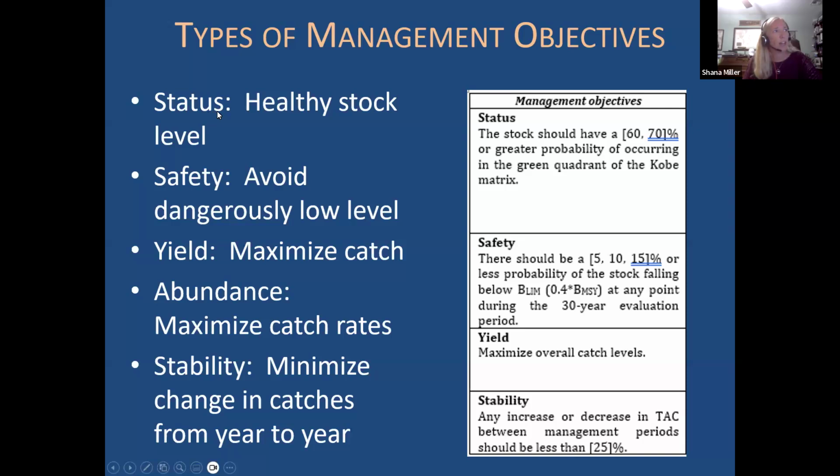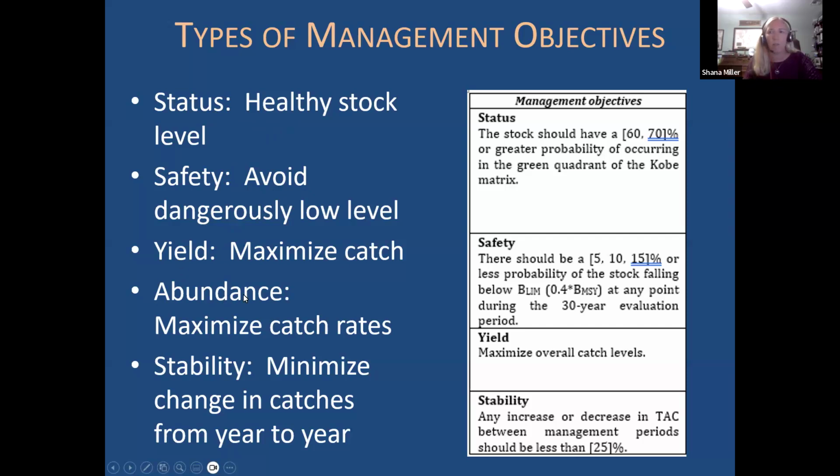So the first category is status, stock status. You want the fishery, the population, to be at a healthy level. Then safety objectives say that you want to avoid a dangerously low level of the population. Yield, of course, maximizing catch is an objective.